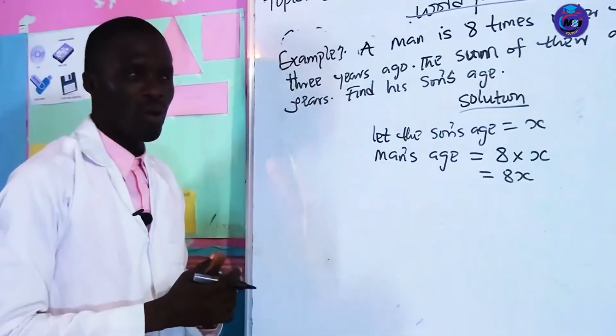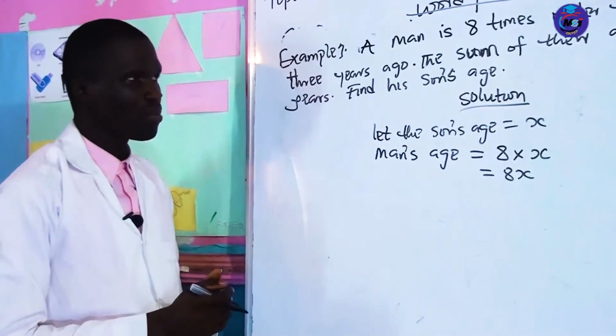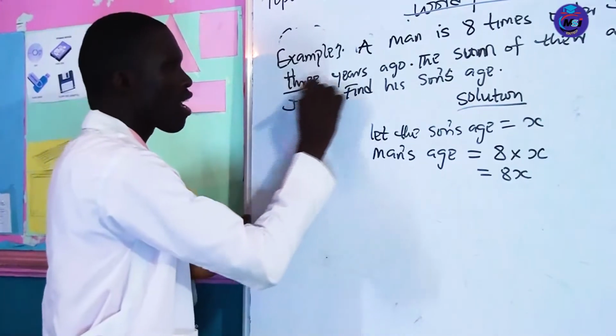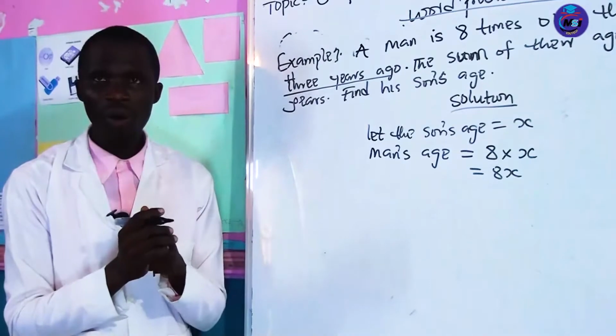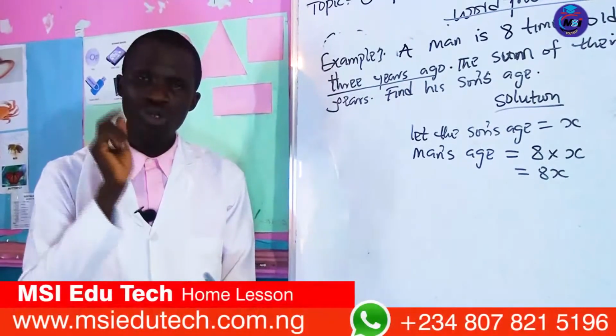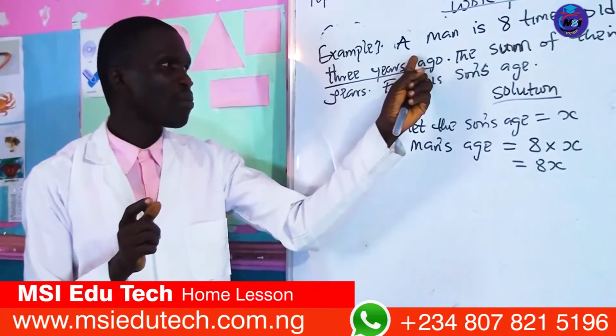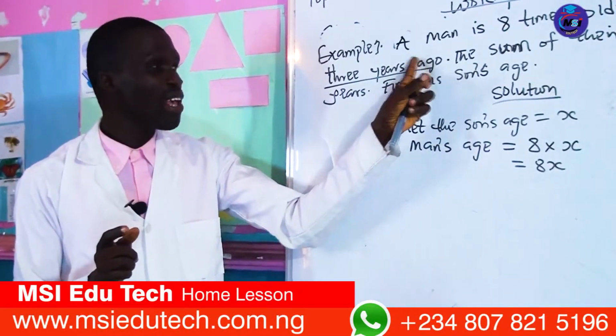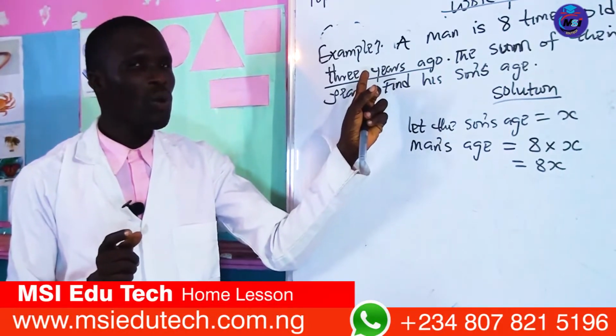3 years ago, something happened. 3 years ago. That means you have to do something here. Look at the board here. You will see 3 years ago.